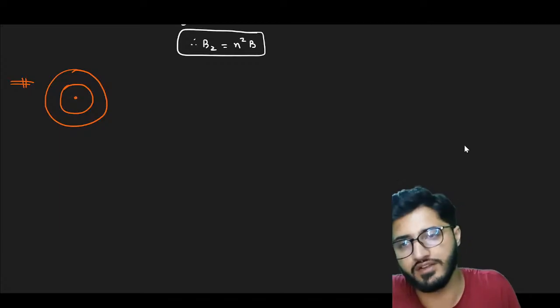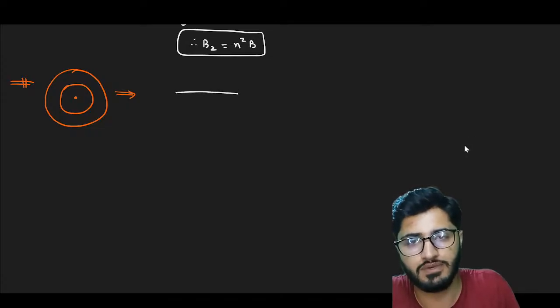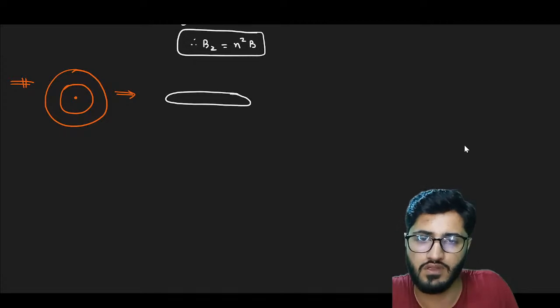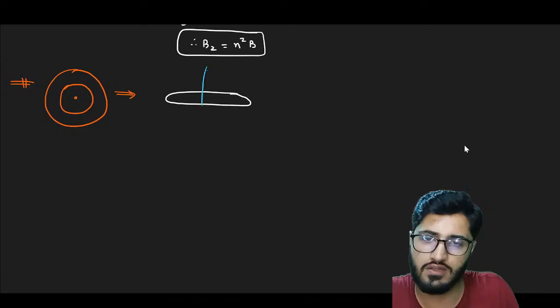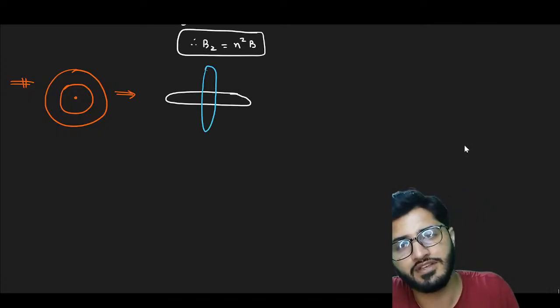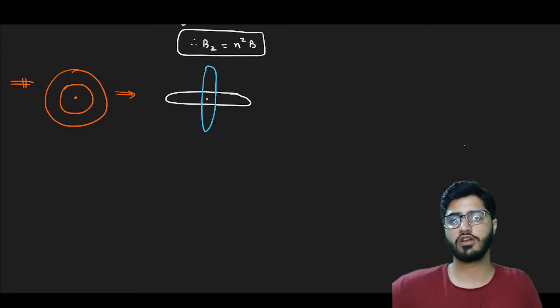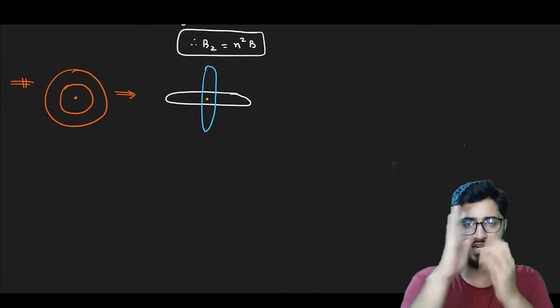Now I can make the loops like this: one loop is in this plane, one loop is in this plane. It is also possible. This is my center. I need to find the magnetic field at the center.